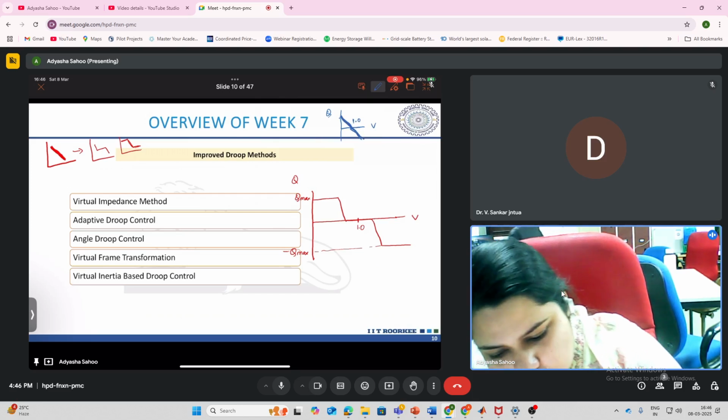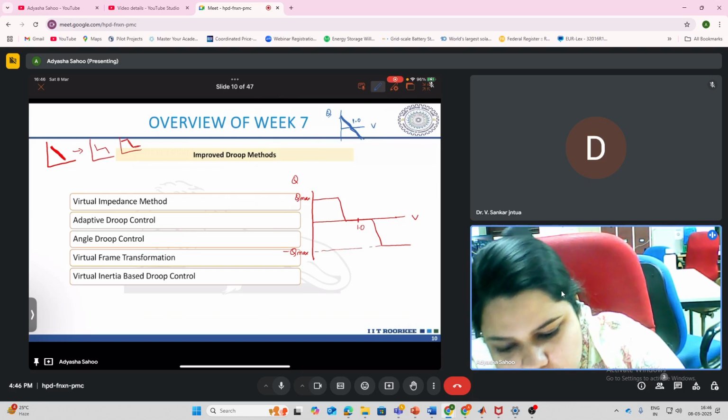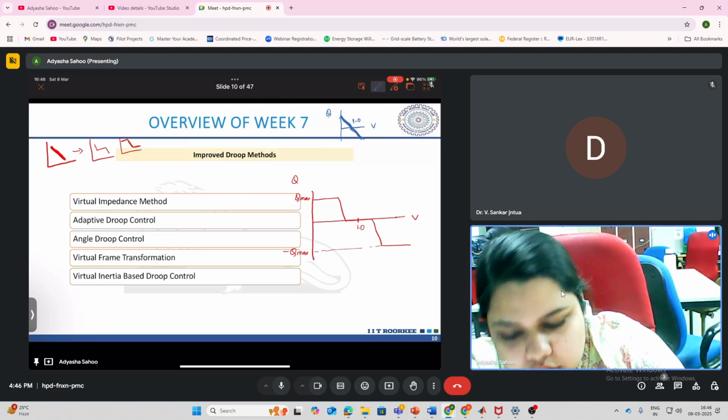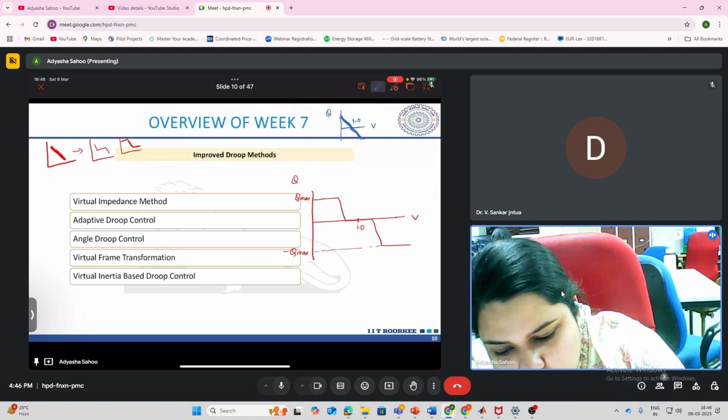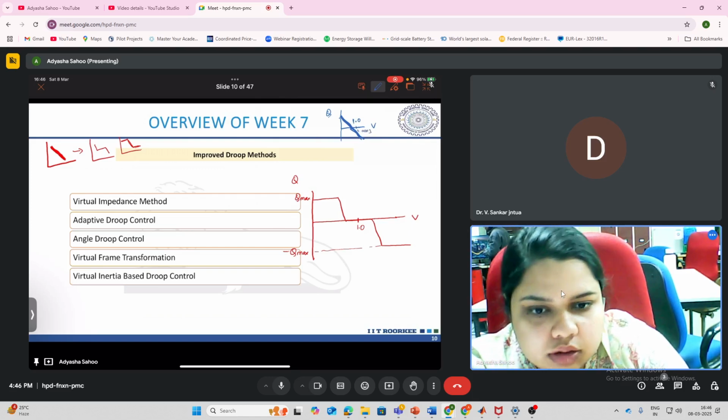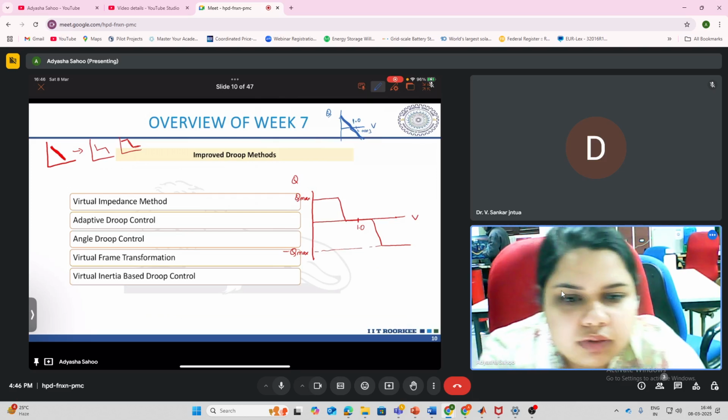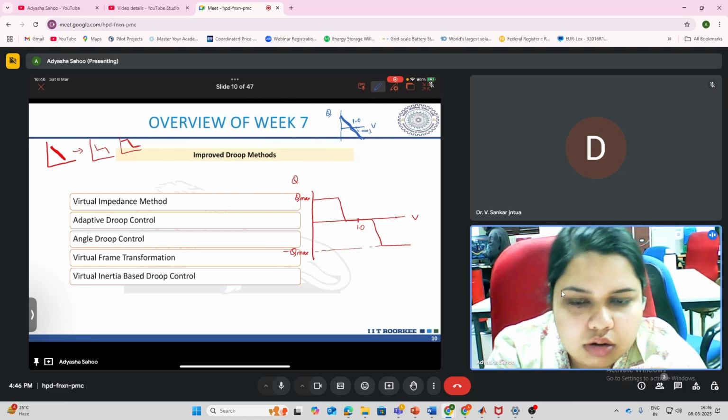Earlier it was like this way. So even if there is a slight increase in voltage from 1.0 to, let's say, 1.003, then also the loop will work. But it is difficult to maintain that point one at all times.